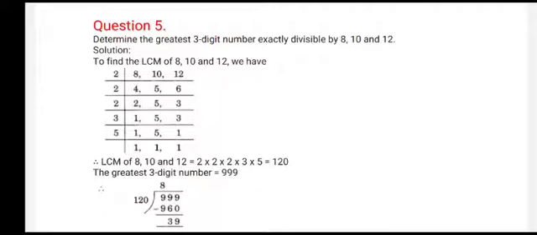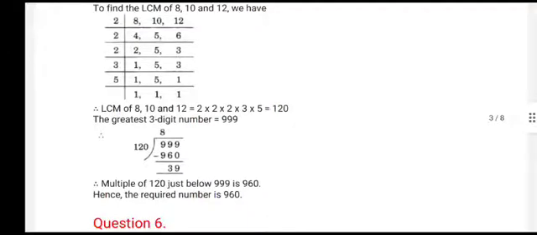5 times is 600, right? So for the greatest 3-digit number, they have given one idea of which multiple will give you the correct answer. The greatest number you take is 999, and you divide it by 120. When you divide it by 120, 8 times 120 is 960.